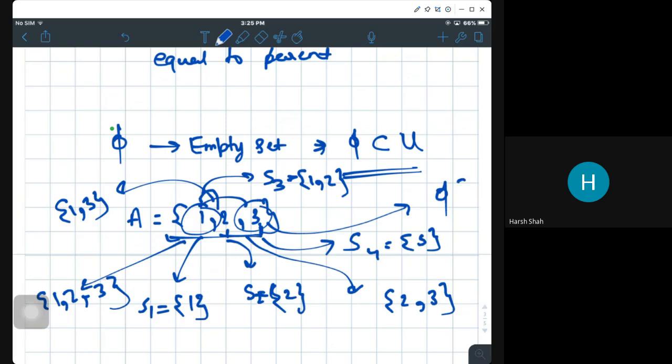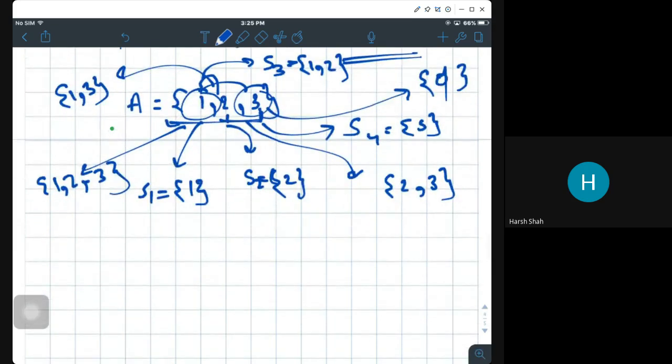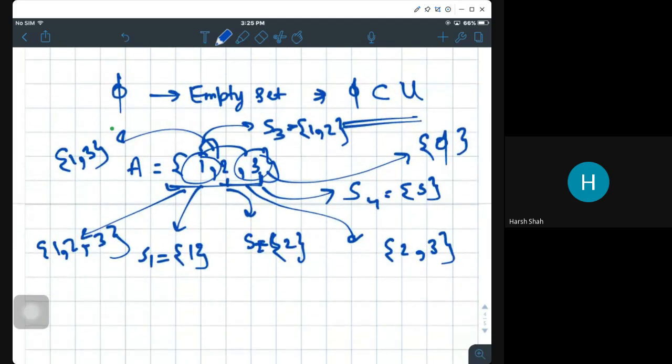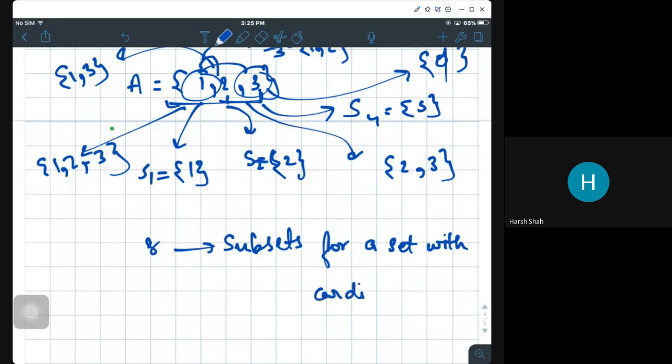So the empty set is also a subset of my set. If you see this example, can you see that I have 2 raised to the power 3 subsets, or 8 subsets, for a set with cardinality 3, correct? Now this 8 I can write as 2 to the power of 3.